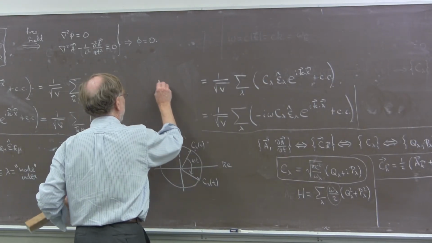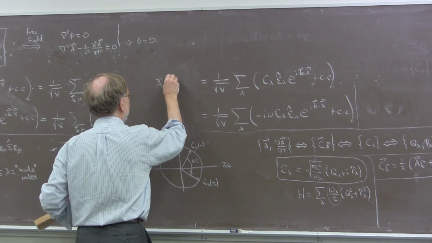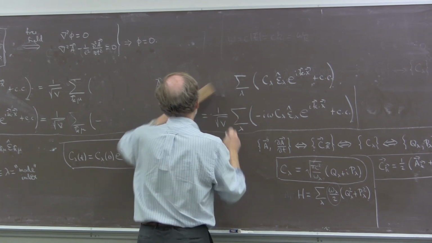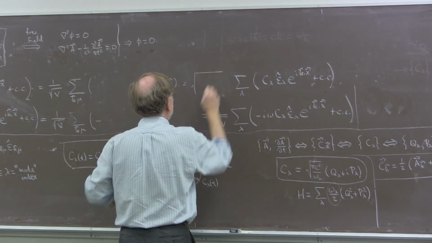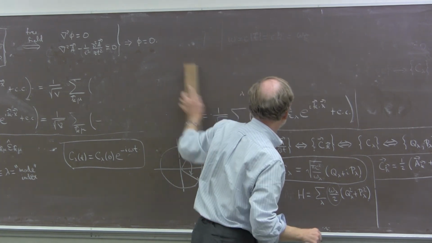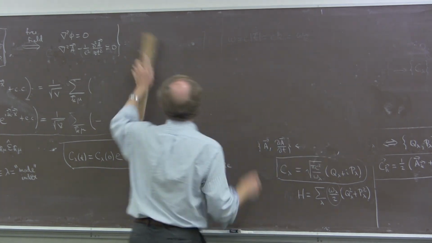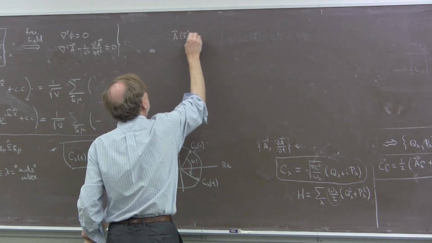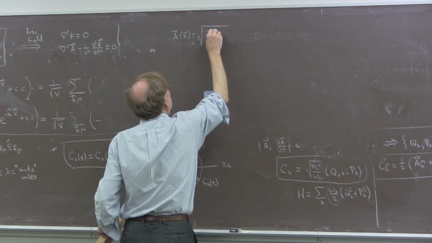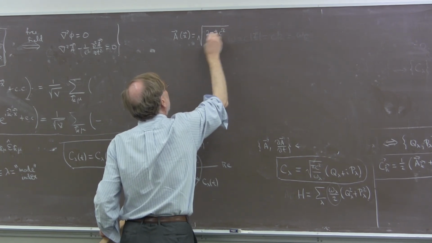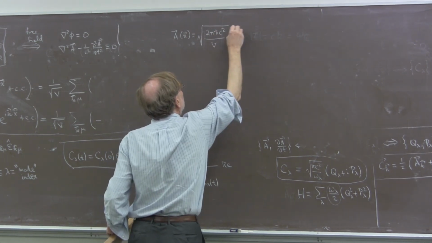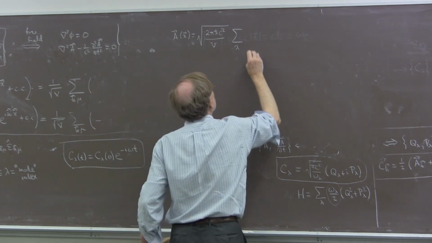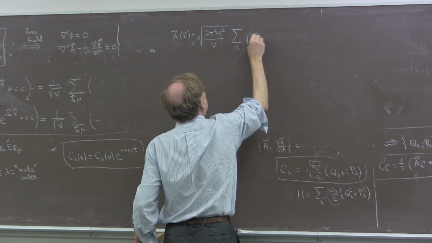That's right, this is the vector potential as a function of x. In fact, let me write out the whole series. It's really just substituting this in, but here's what we get. The vector potential A as a function of x is the square root of 2 pi h bar c squared divided by the volume of the box, sum on modes k, really sum on the modes lambda, and we get 1 over the square root of omega lambda.